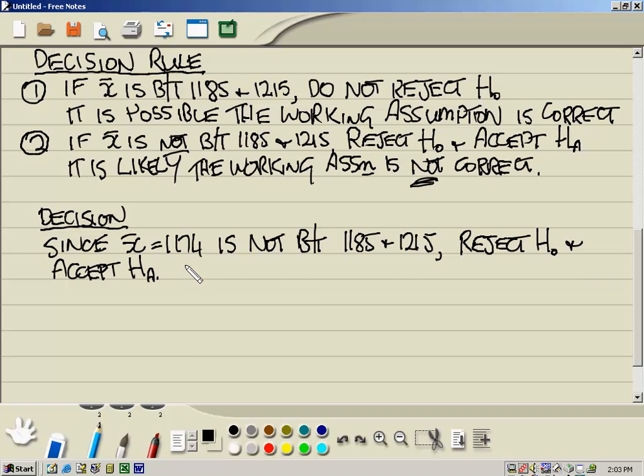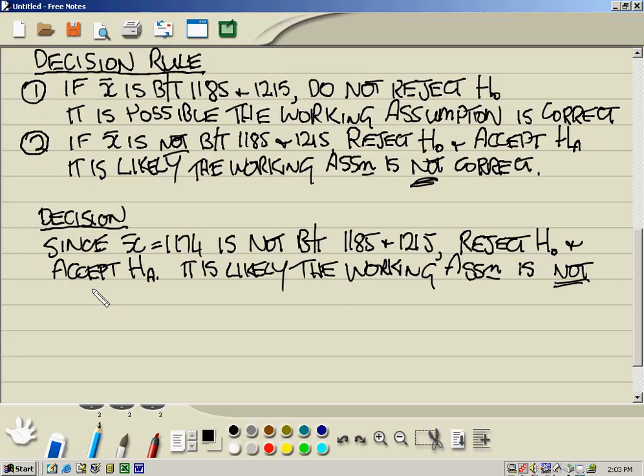And follow along with the decision and the interpretation. It is likely the working assumption is not correct. In other words, the sample value is too far away from the hypothesized value of 1200 to be reasonable. So it's likely it's not correct. And that's the end of our hypothesis test here.